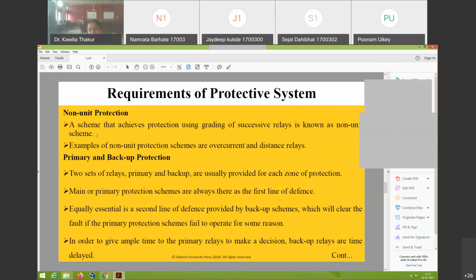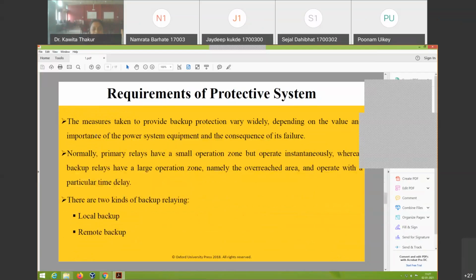Which is the unit protection scheme? Correct. Differential protection is the unit protection because its zone is defined. Correct, Poonam and Namrata. Himanshu, correct.